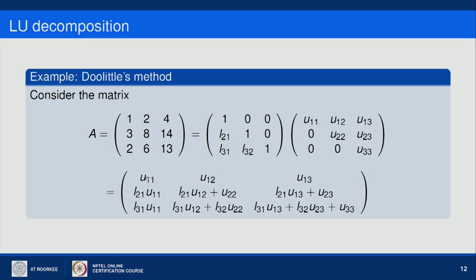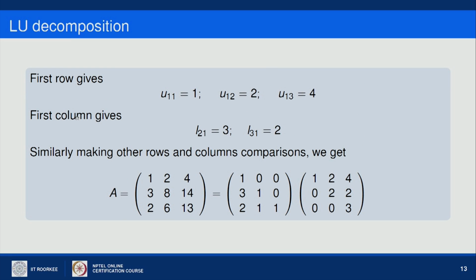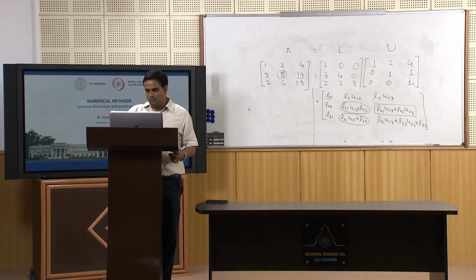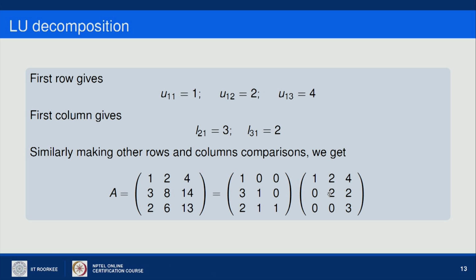So, as you can see, U11 will be 1, U12 will be 2, U13 will be 4. So, this is coming from the first row. Similarly, first column gives me L21 equals to 3 and L31 equals to 2. Similarly, making the other comparisons, I will be able to decompose the matrix A, which is the same matrix as I have taken in Kraut's method, equals to product of these two matrices.